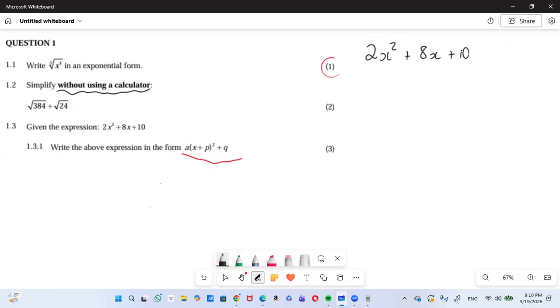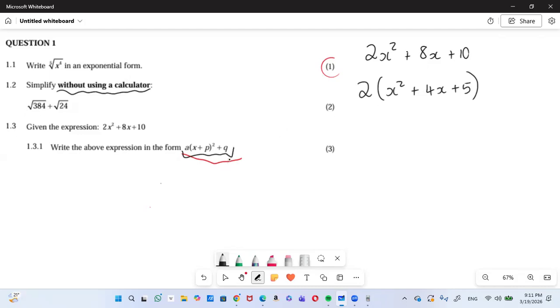So now we need to factorize first, guys. We know how to factorize, right? So we have our highest common factor in this case, which is 2. When we take 2 out, we're left with x squared plus 4x plus 5. Still, we are not at that form yet, right?